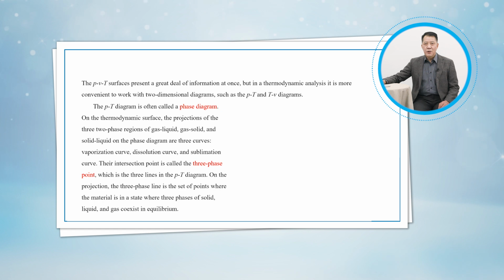The PT diagram of a pure substance is often called the phase diagram, since all three phases are separated from each other by three lines. The sublimation line separates the solid and vapor regions. The vaporization line separates the liquid and vapor regions, and the melting line separates the solid and liquid regions.